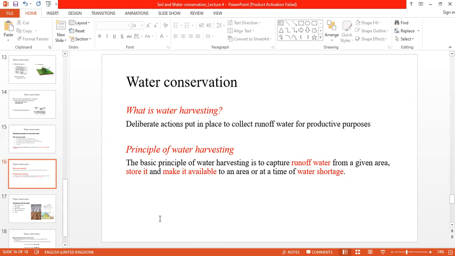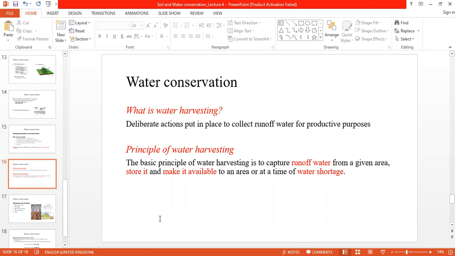So the principle is just to capture runoff, then store it, and then make it available to your crops when you have shortage of rainfall or when the soil has become dry. So that's just the principle. You collect your runoff.